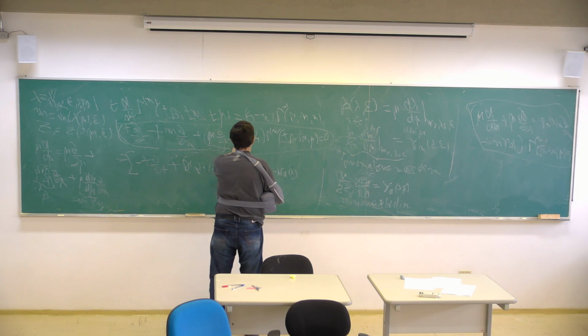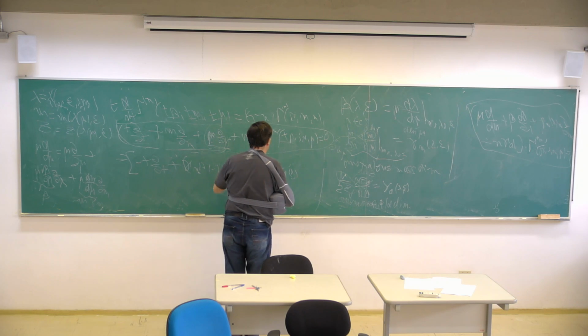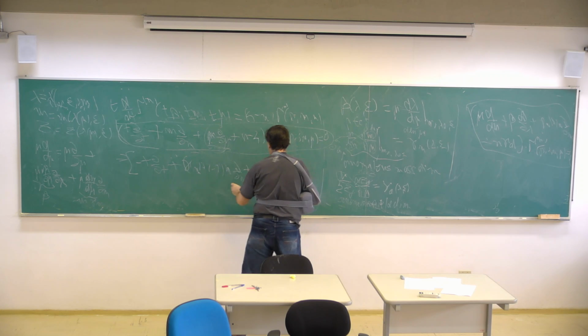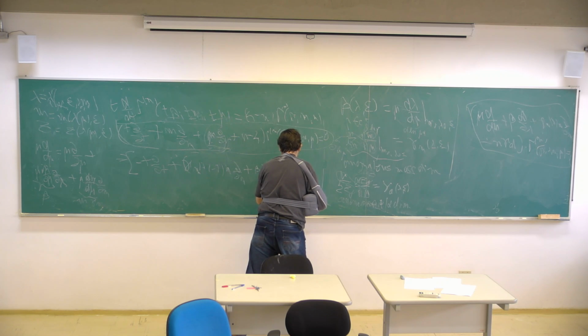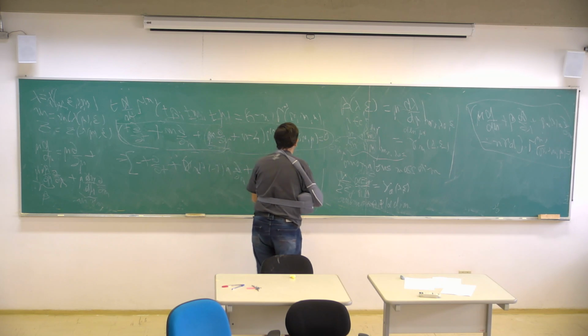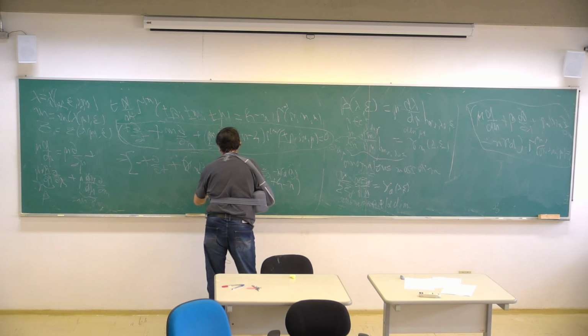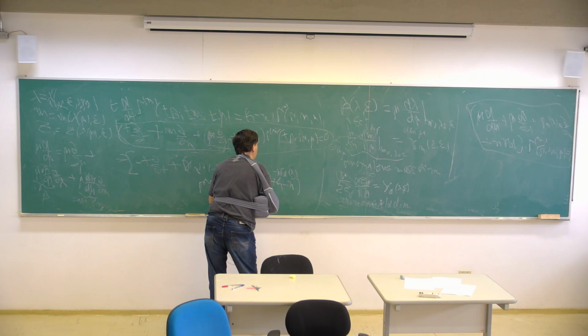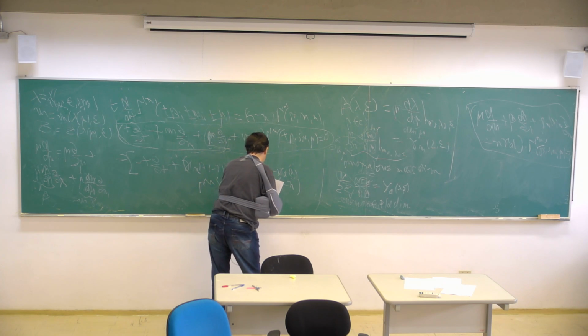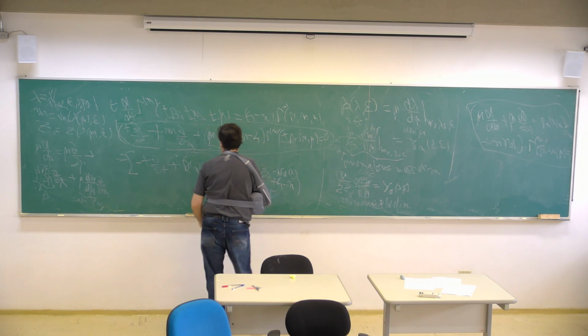And then I have plus 4 minus n, so it's minus of this. Plus 4 minus n of the same gamma n t pi m mu and lambda, of course, equal to 0.